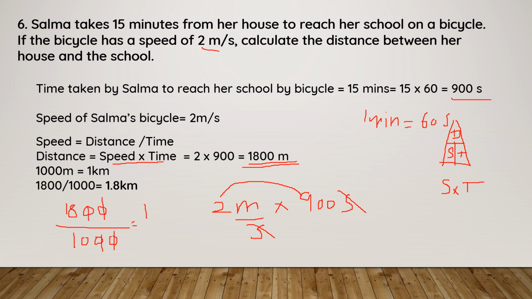So the answer is 18 by 10. That equals 18 by 10. 18 divided by 10, we will get 1.8. 1.8 kilometer.